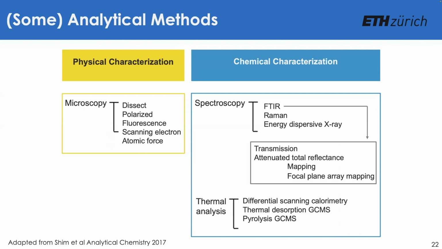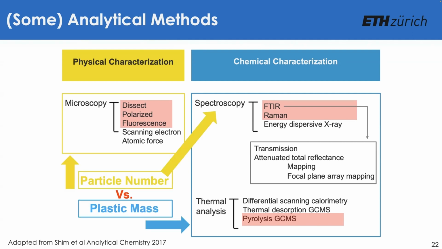We can also look at different types of thermal analysis, like pyrolysis GCMS is also quite popular. So when we see the most popular and common methods explored in the field today, I've highlighted these here in red in terms of both those that are appropriate in physical characterization and chemical characterization. But it's important to also note that some of the different approaches will give you different information.